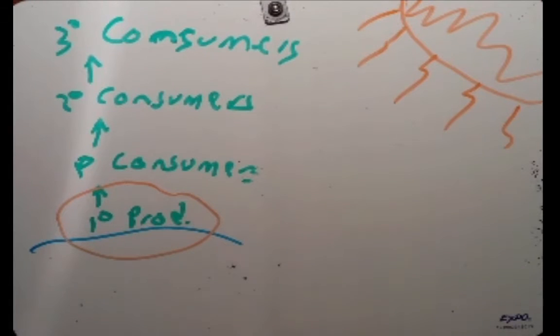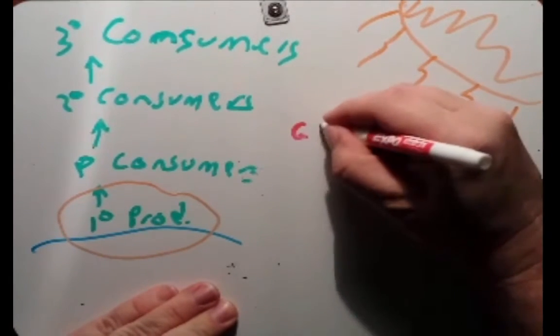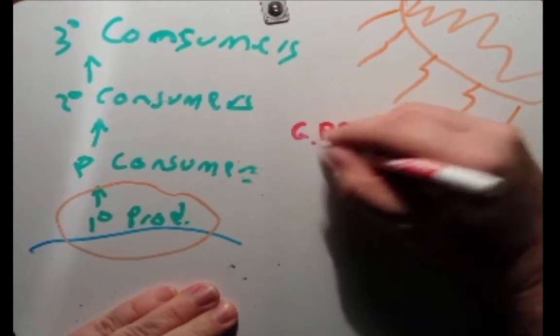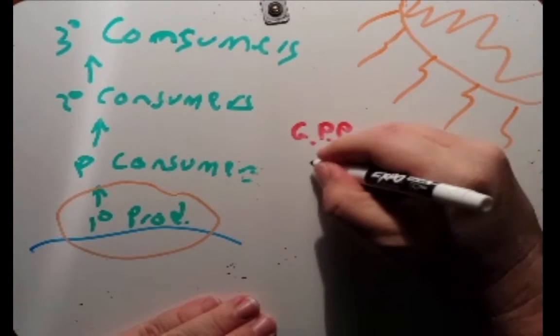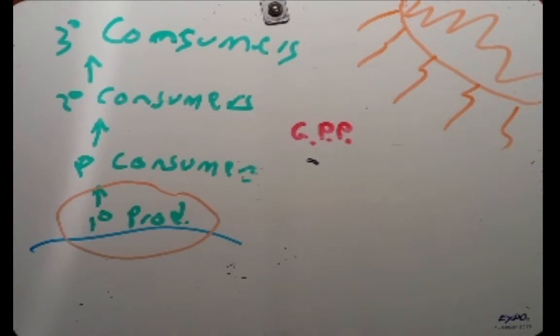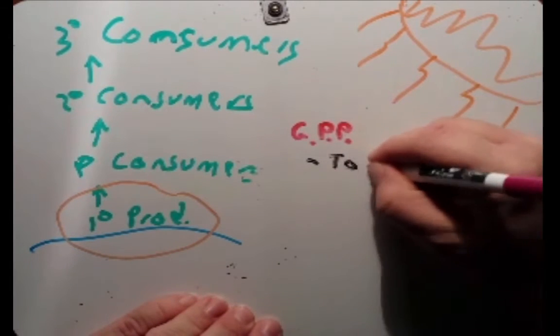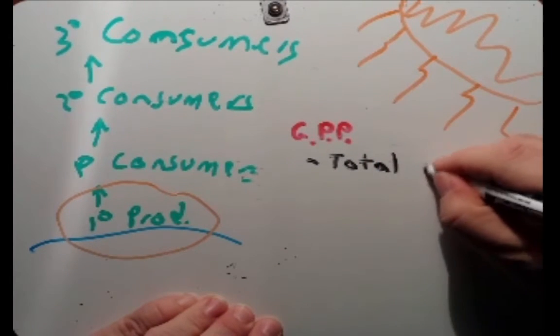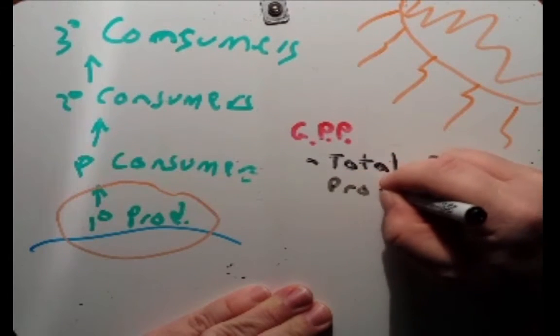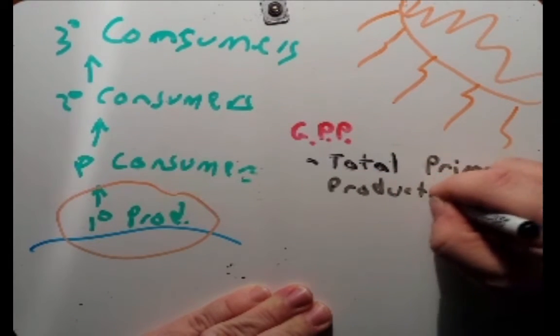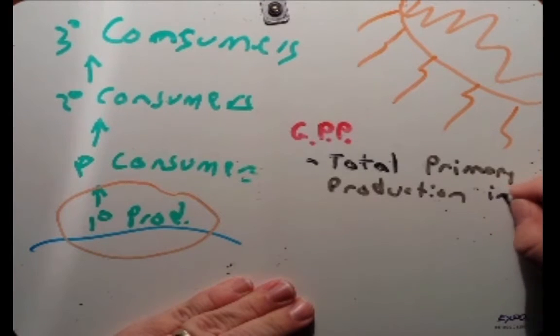Next, I want to break up primary production into gross and net primary production. So gross primary production. Let's define gross primary production. And we can think of it in a couple ways. It's the total primary production in an ecosystem.